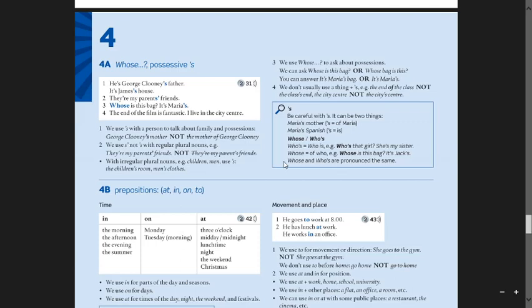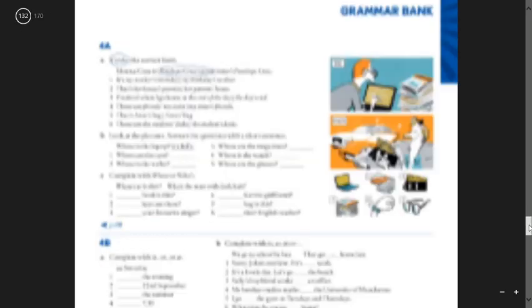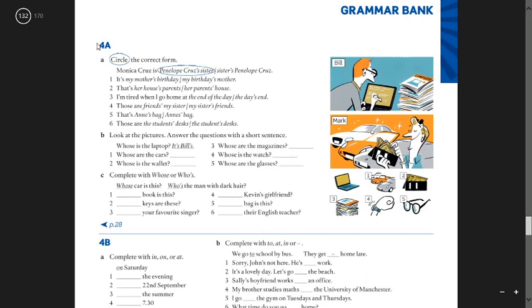Well, when you finish reading, you have the activities. In activity A, you have to circle the correct form. You have to read and choose the right option. In activity B, you have to look at the pictures and answer the questions with a short sentence. And in activity C, you have to complete the questions with whose or who's, the abbreviation of who is.